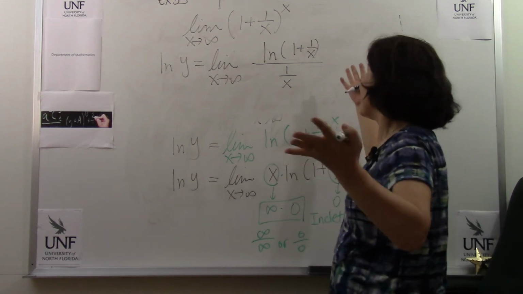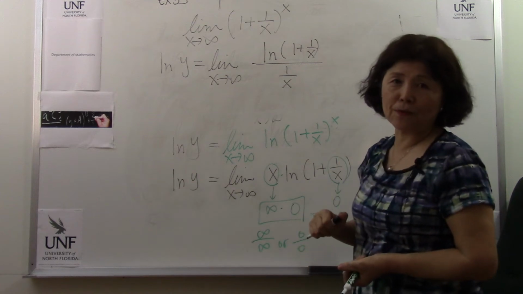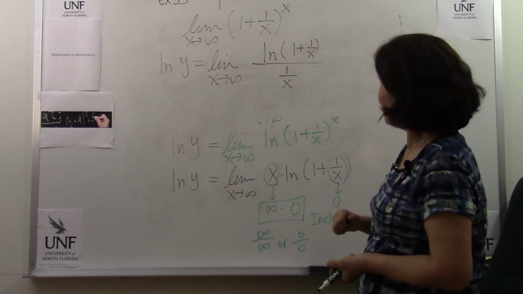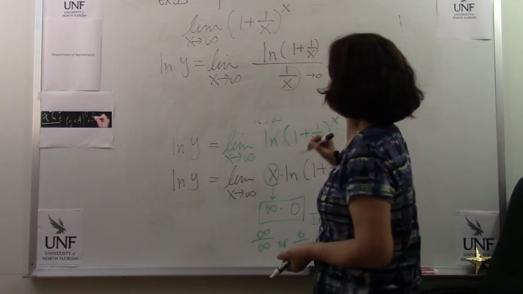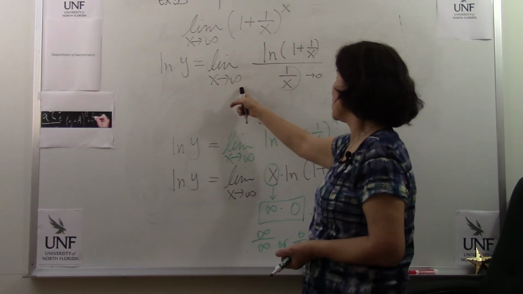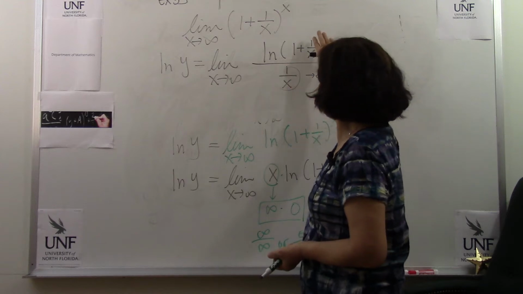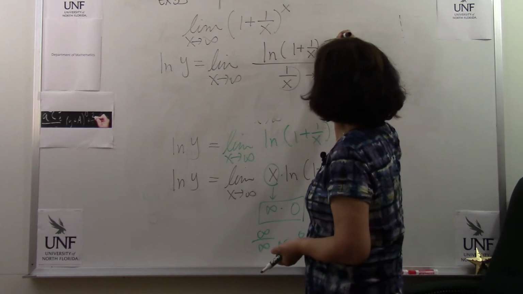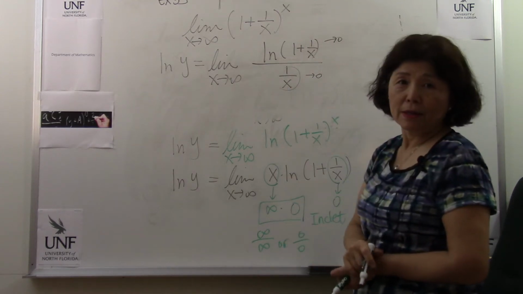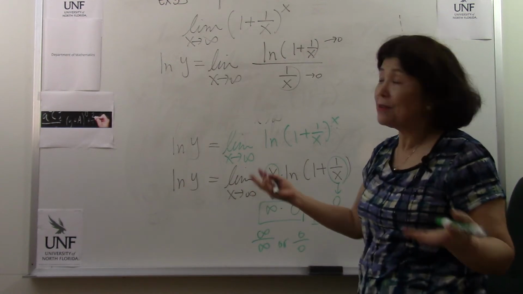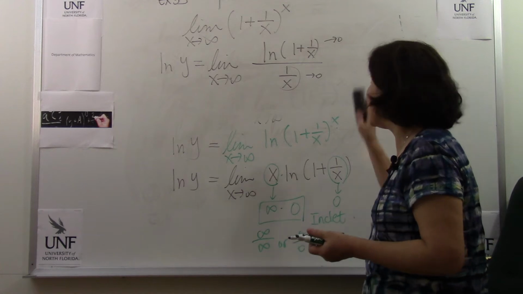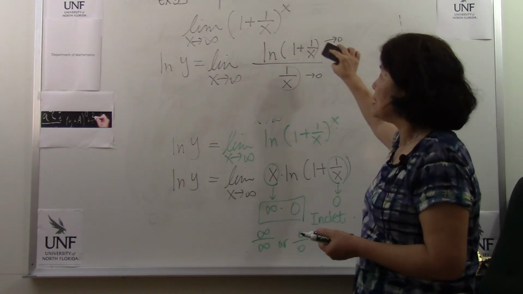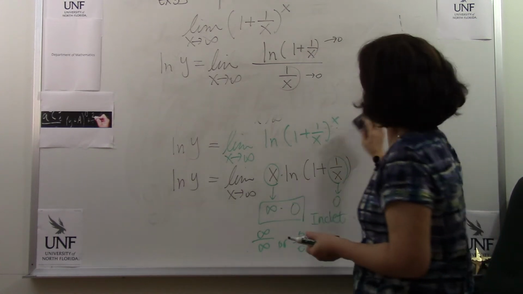So now, at least we created a fraction over here. See what happens. 1 over x goes to 0, because x goes to infinity, and this part goes to 0, so this one is also going to 0. So 0 over 0. This time we created the indeterminate form, which is the 0 over 0 form.